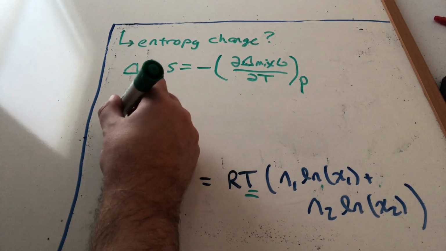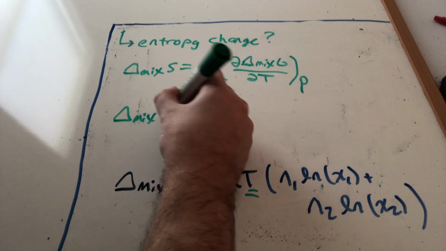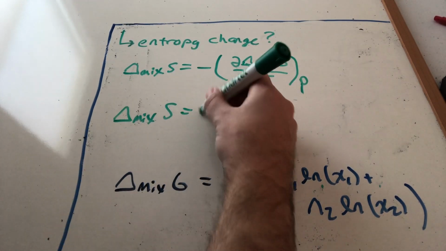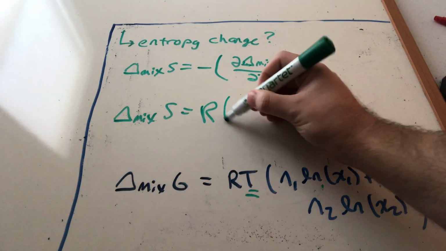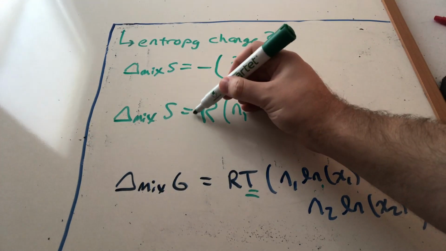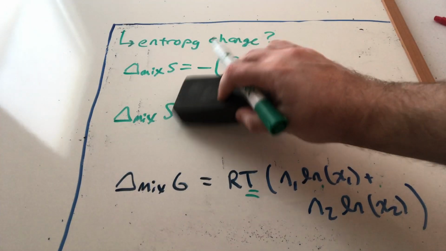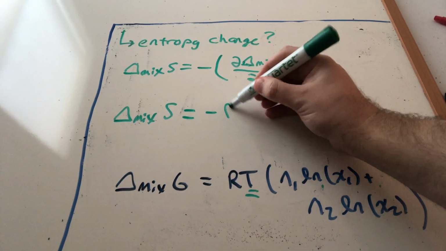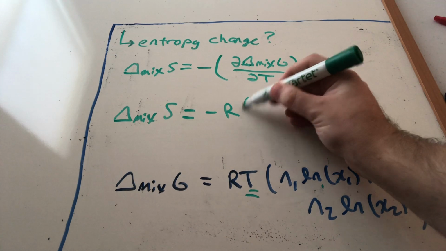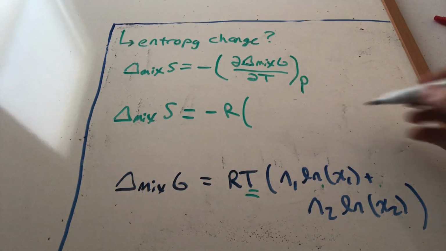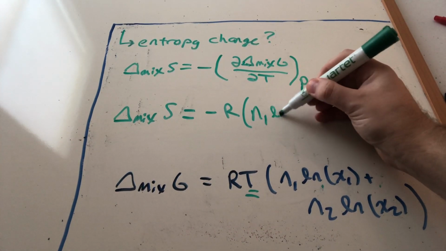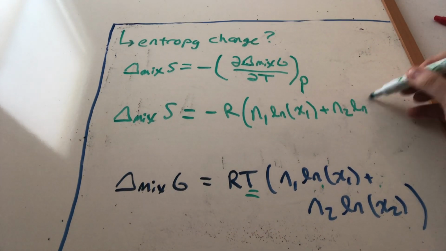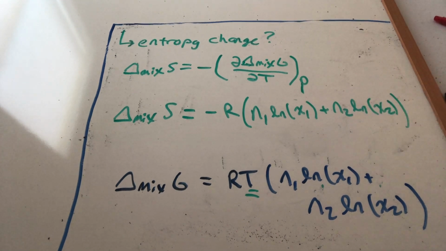Once we plug this in and do the derivative, we get delta mix S is negative R, because the negative sign comes down. The T goes away through the derivative process. N1 natural log of chi1 plus N2 natural log of chi2.